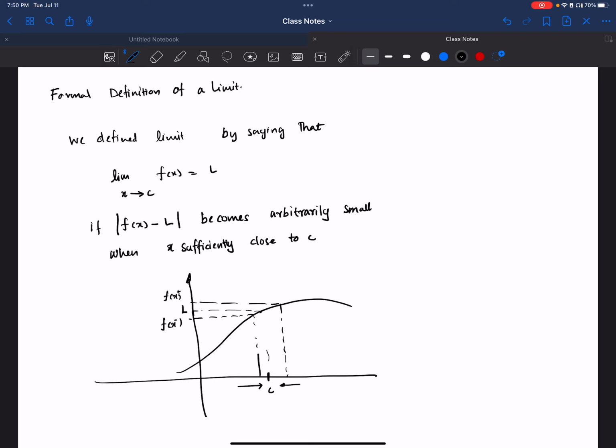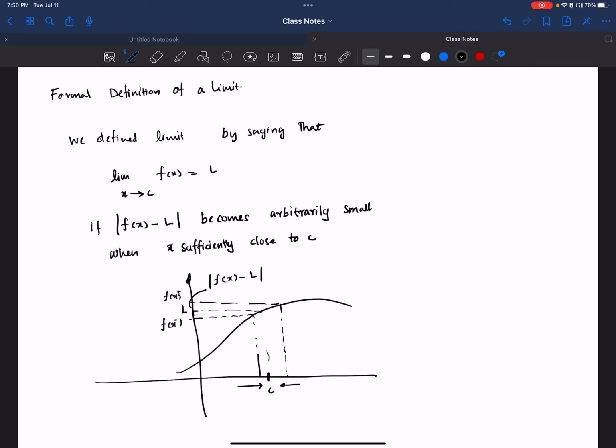And when x is getting closer and closer to c, this distance given by the magnitude of f of x minus L becomes smaller and smaller.